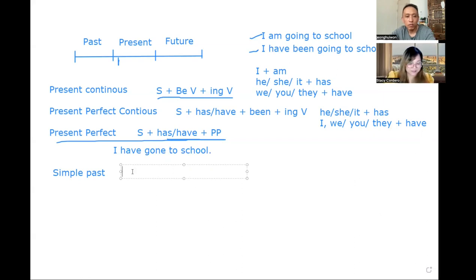With simple past, it is simply subject plus past form of the verb. And earlier, you were very good with giving me the past forms of the verb. So give me two more past forms of the verb that you did not say earlier.